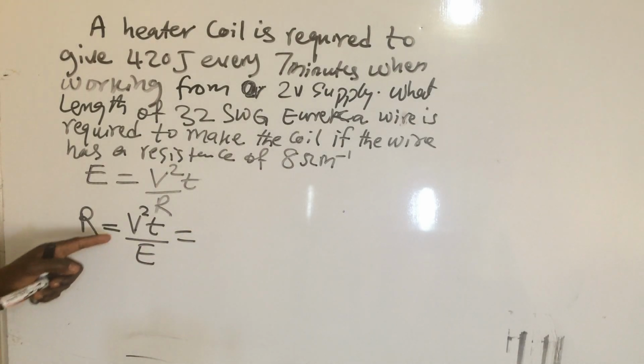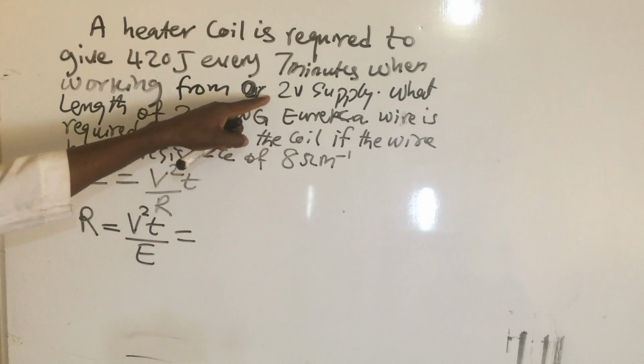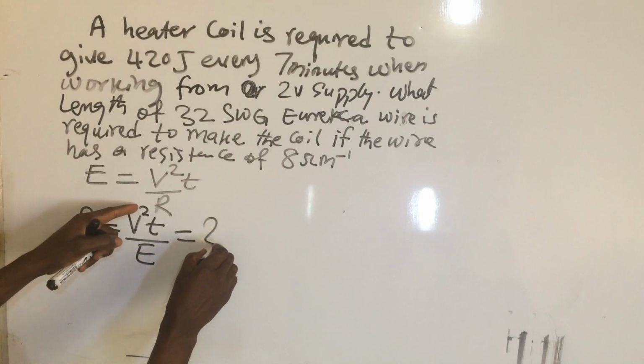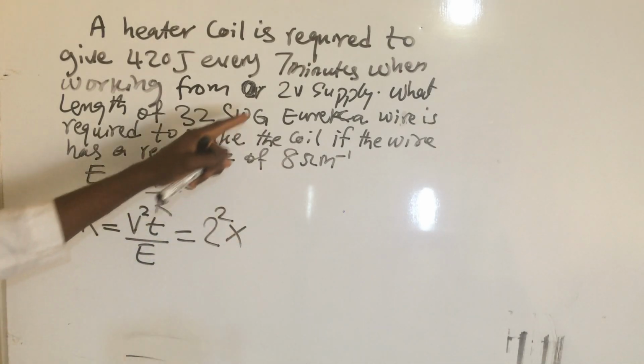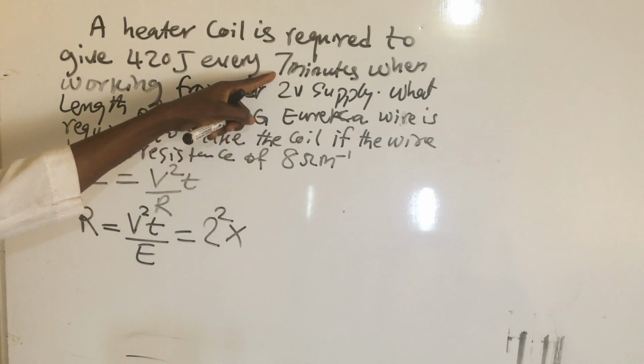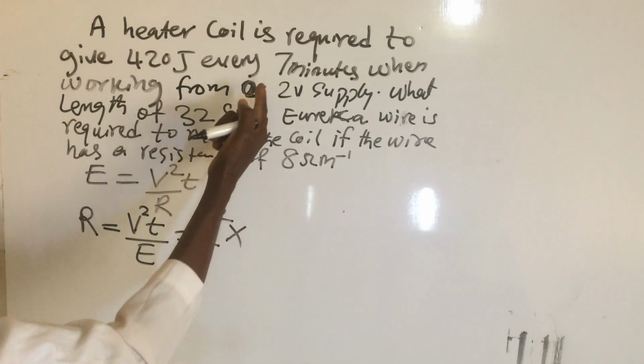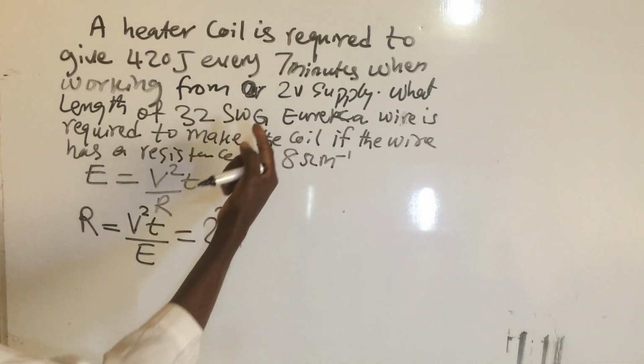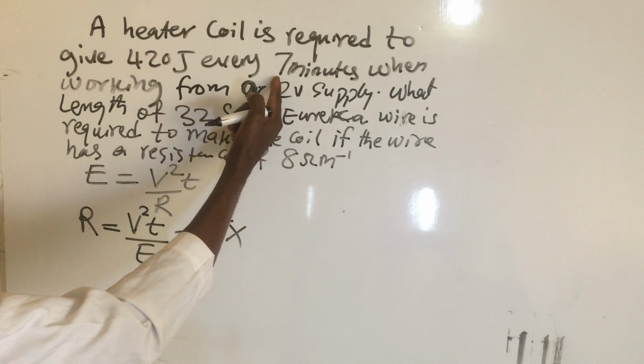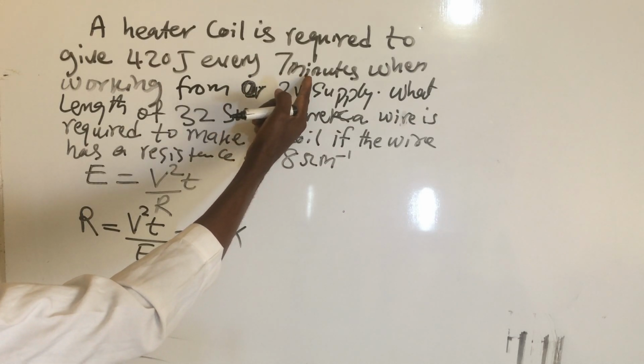The voltage is given as 2, so 2 squared, times time, which is 7 minutes.